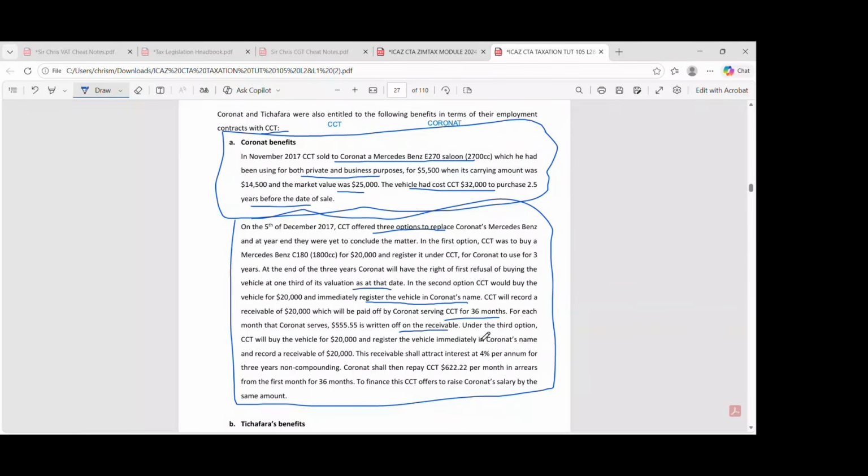Third option, under the third option, CCT will buy the vehicle for 20 and register the vehicle in colonat's name and record the receivable. The receivable shall attract interest at 4% per annum for 3 years non-compounding. Colonat shall then repay CCT 622 per month in arrears from the first month for 36 months. To finance this, CCT offered to raise colonat salary by the same amount.